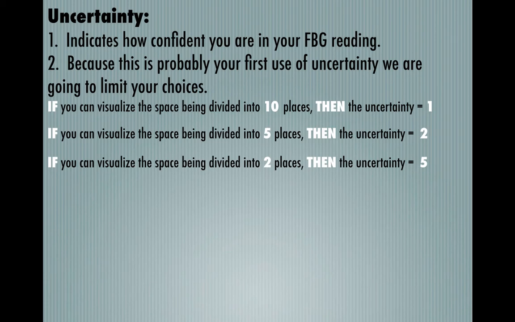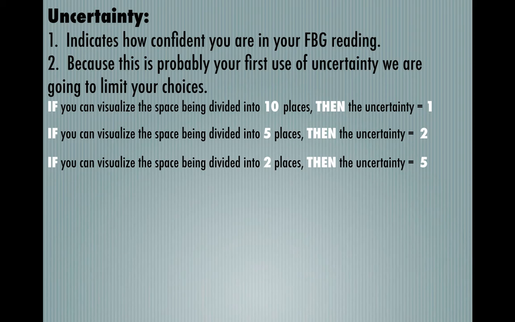So the greater the uncertainty, the less confidence you have in your guess. Okay? So if you have an uncertainty of 1, that means, yeah, I'm pretty confident. You know, it could be something else, but I'm pretty confident it's that. An uncertainty of 2 means, yeah, it'd be nice if it were a 1, but I can deal with the 2.